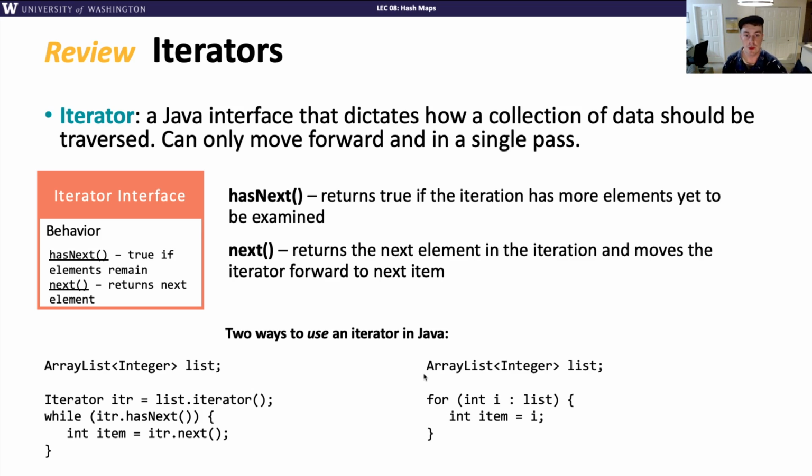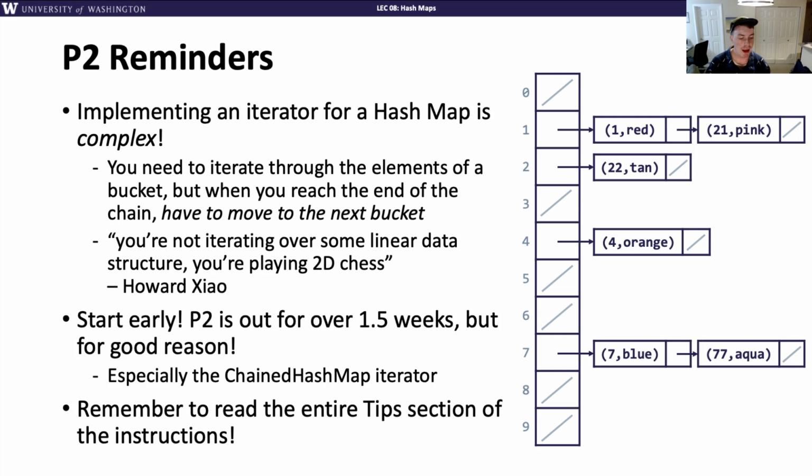Now, one thing I want to warn you about is that this can get a little tricky for your separate chaining hash map. The reason is the data is laid out in a really complex fashion. Your iterator needs to start at the top, and when you want to find the next element, you need to find the next non-empty bucket.